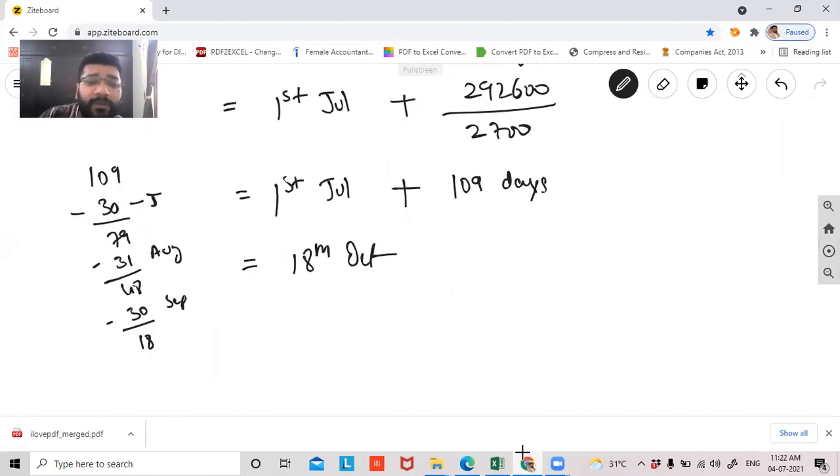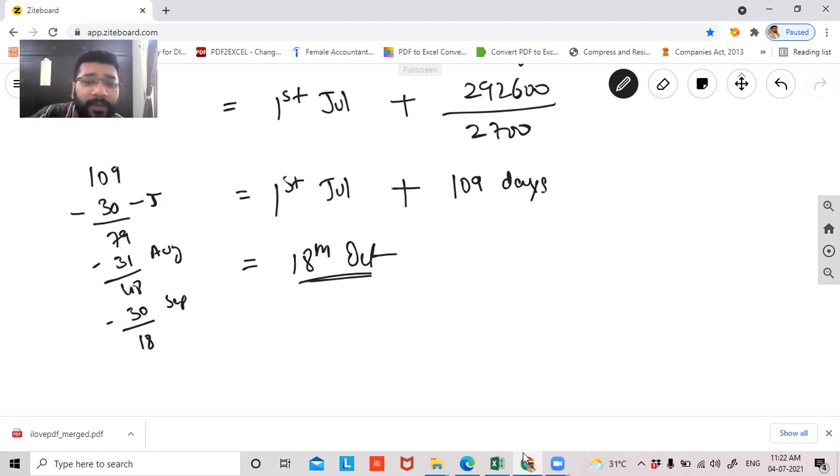So guys, now if the partner settles the money withdrawn on 18th October, he doesn't have to pay any interest to the firm. But obviously he'll not pay it on 18th October because withdrawal is gone till March. So we have to calculate interest.